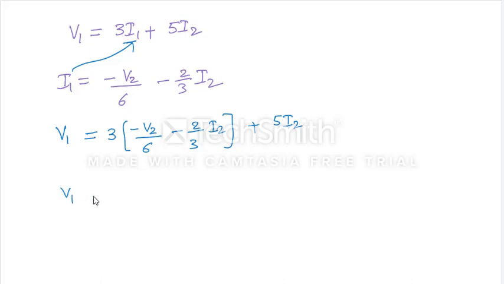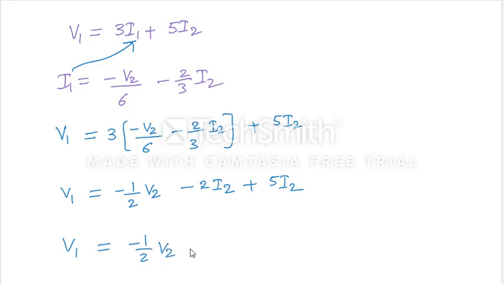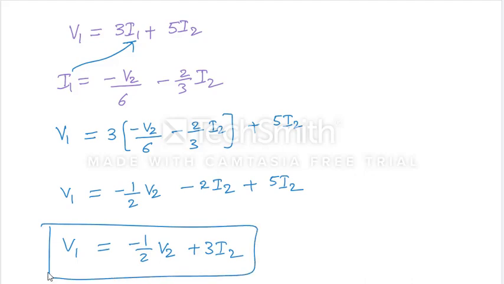So V1 is equal to what can I say here? Minus 1 by 2 into V2 minus 2I2 plus 5I2. So V1 is equal to minus 1 by 2 V2 plus 3I2. Look at this equation.